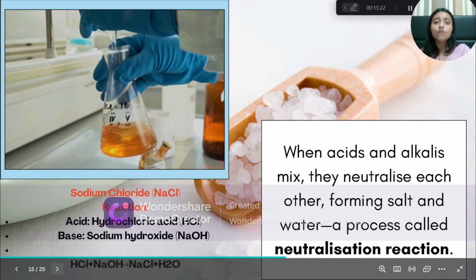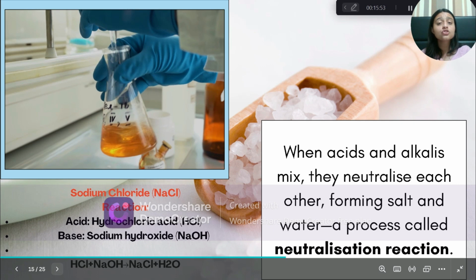For knowing the formation of salt, these neutralization reactions are important because by mixing the acid and base, they both neutralize each other and give us salt, that is NaCl. Na is for sodium and Cl is for chlorine. Sodium chloride is the salt. You can see the reaction on your screen as well: HCl + NaOH gives you NaCl + H2O.